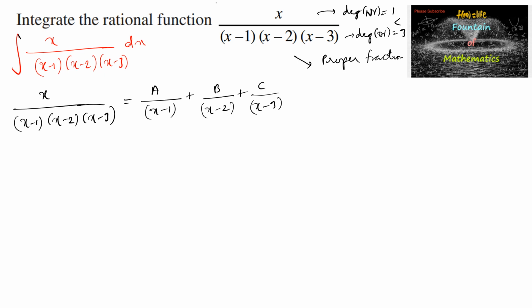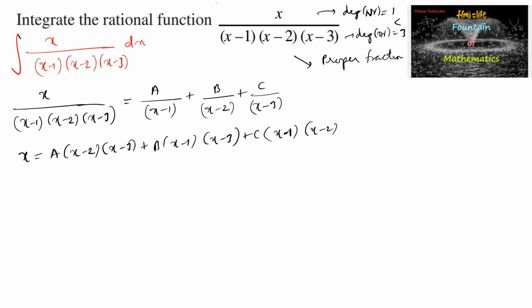And then we can write x is equal to a times of x minus 2 into x minus 3 plus b times of x minus 1 into x minus 3 plus c times of x minus 1 into x minus 2.